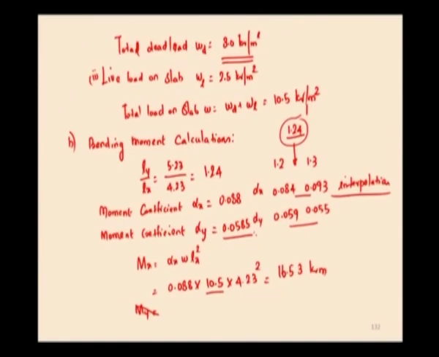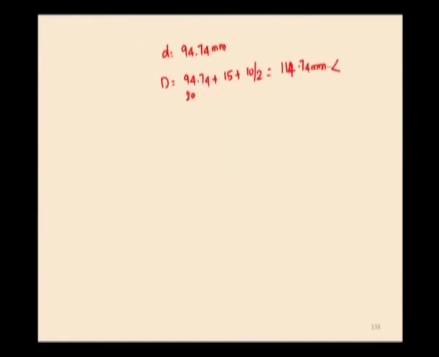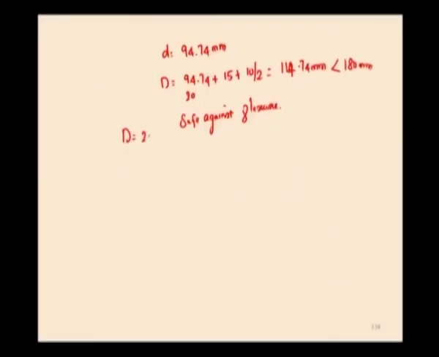Is correct. So, which is less than 180 millimeter, hence safe against flexure. So, the depth of beam we have assumed is safe against flexure. So, I am going to keep D equal to 200 mm and small d equal to 180 mm.